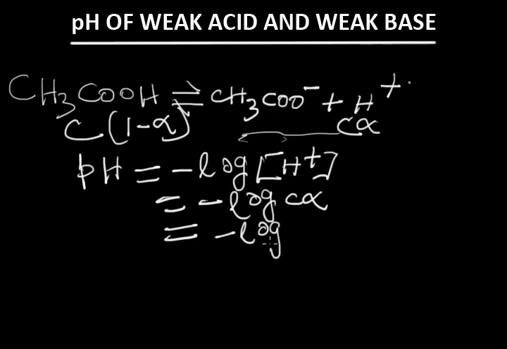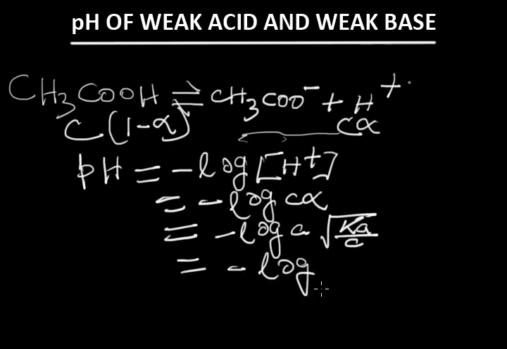And alpha, according to Ostwald's dilution law, is equal to root over Ka divided by C. This is from Ostwald's dilution law. So we can write minus log root over Ka into C.